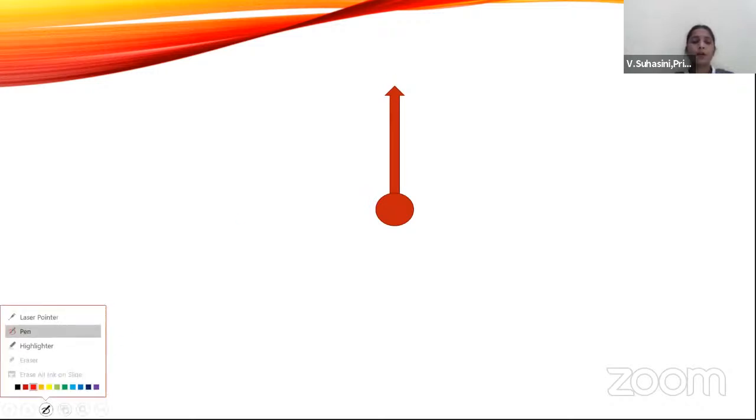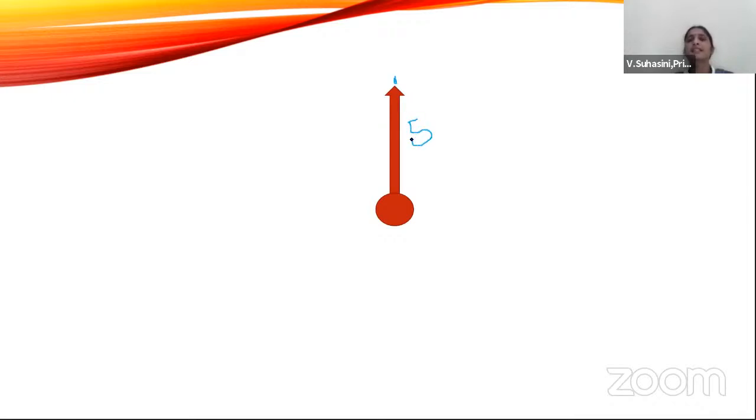Now, I will draw a point here at a distance of 5 centimeters. For example, it can be 5, it can be 4, it can be 6. In this case, I'm taking 5. So let us take a point P. Where is the point P, children? The point P is at a distance of 5 centimeters from a fixed point C here.